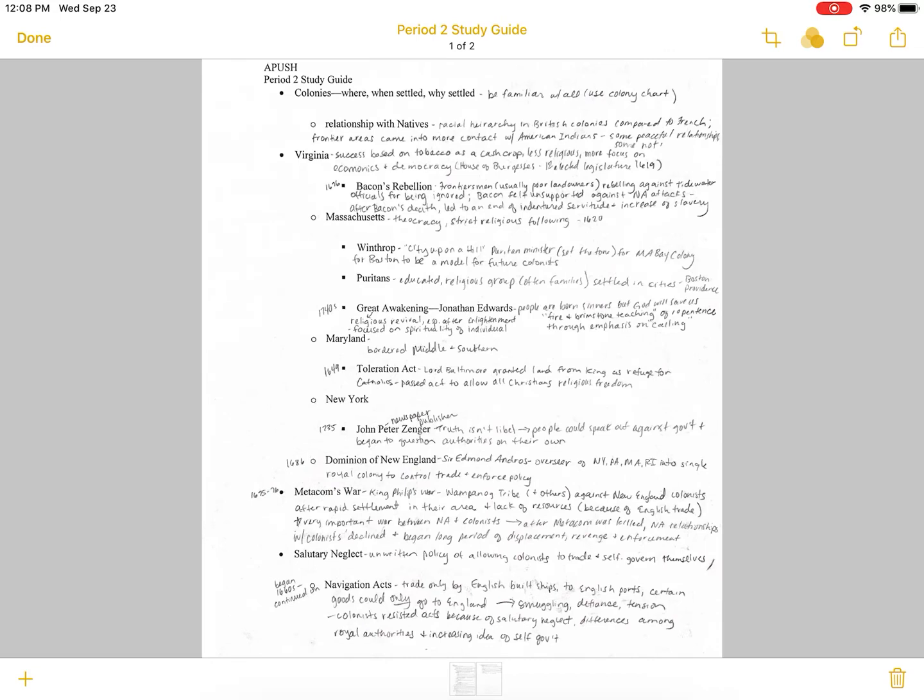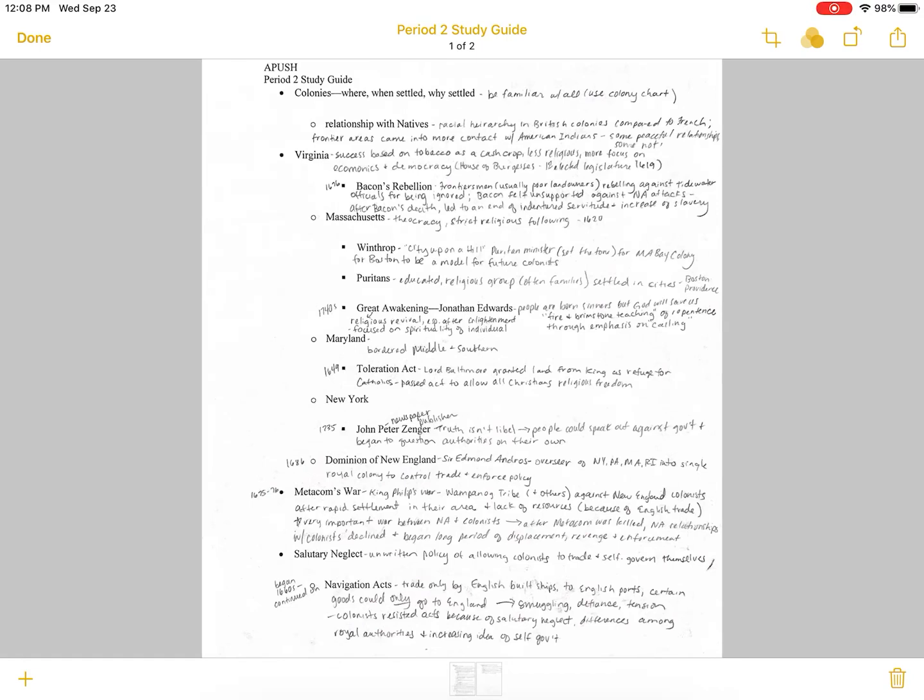And this is when we're going to see a real increase in the uptick of slaves coming into the American colonies, into the colonies in the United States as compared to, say, in the Caribbean, although that continues as well.